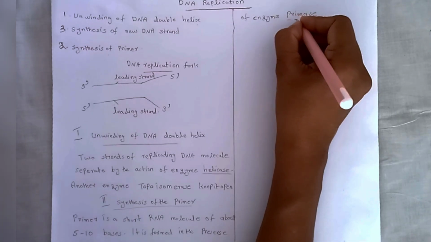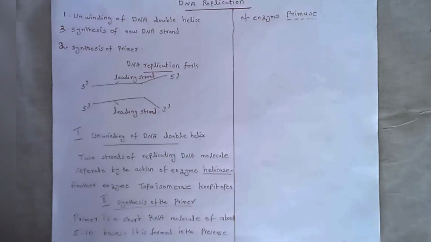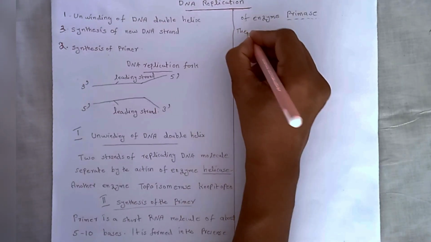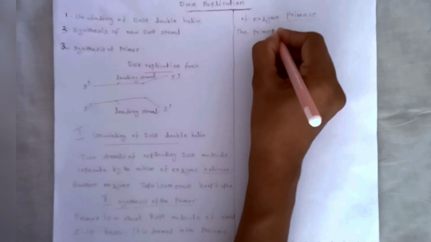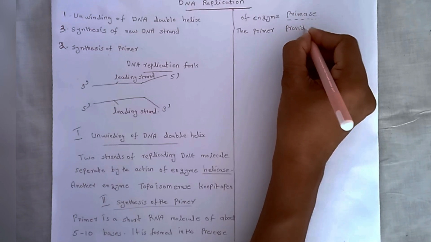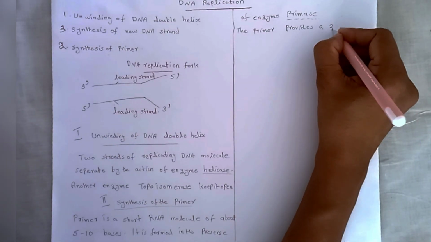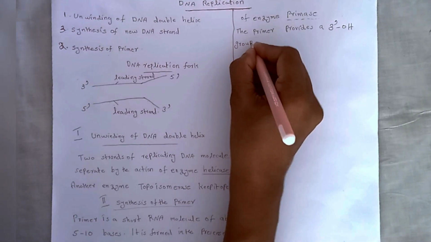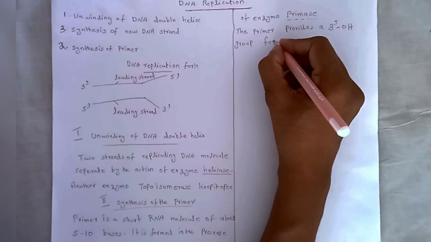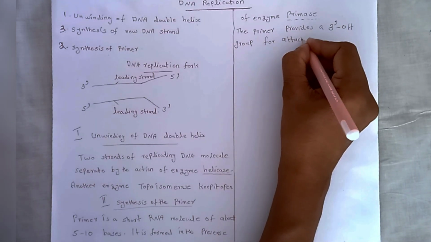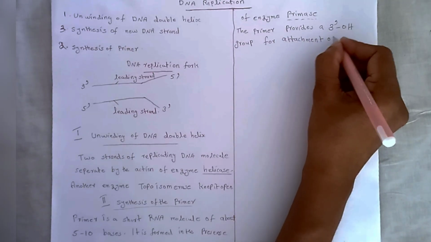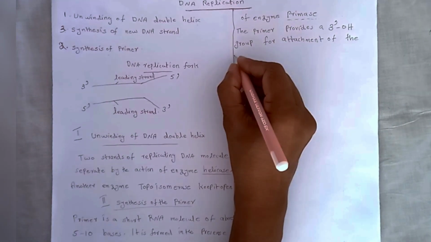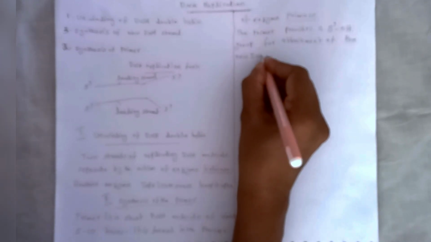Now we have discussed three types of enzymes. The primer provides a free 3' OH group for attachment of the new DNA strand.